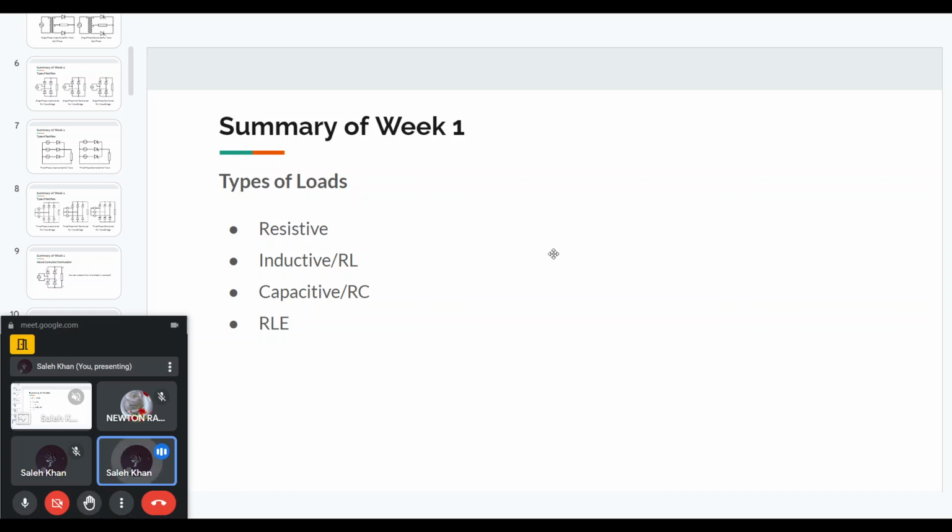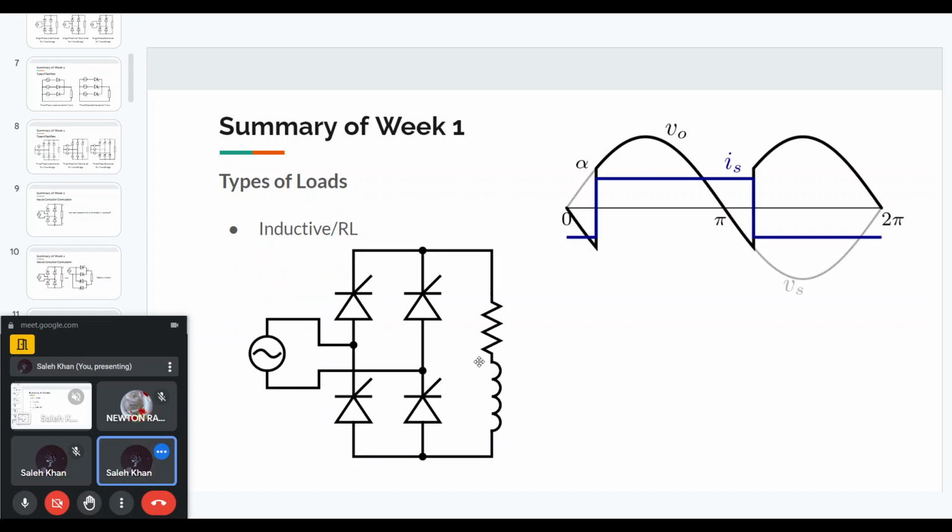So then I talked about the different types of loads. Resistive loads are actually in practice uncommon. We will only have RL loads or RC loads or RLE loads. A purely resistive load or a purely inductive load or a pure capacitive load is not found in practical cases.